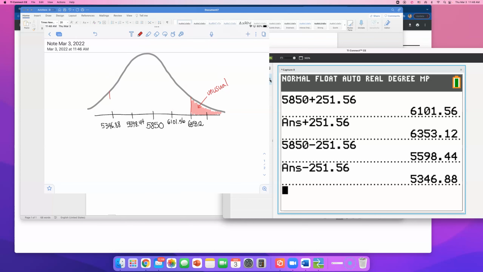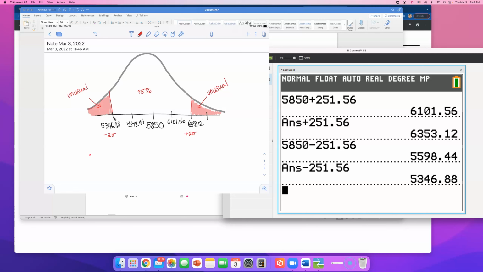I just need to know what's outside the 2 standard deviation point, because by the empirical rule we have 95% of the data from -2 to +2 standard deviations. If it's outside that range, the numbers are unusual.